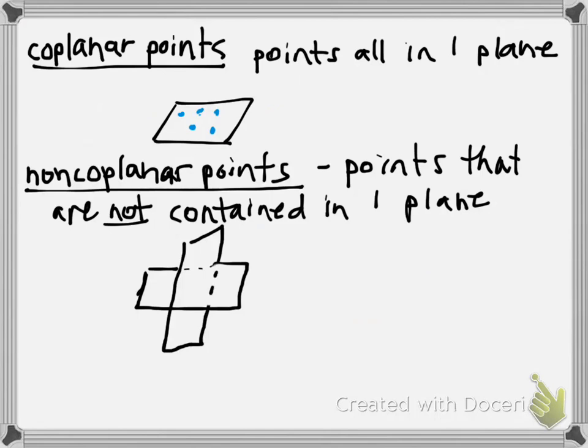Now, coplanar points would be these blue guys, because they're all on that plane that goes across. And then we have some other points going the other direction. But the blue and green would be considered non-coplanar because they're not all in one plane. Okay?